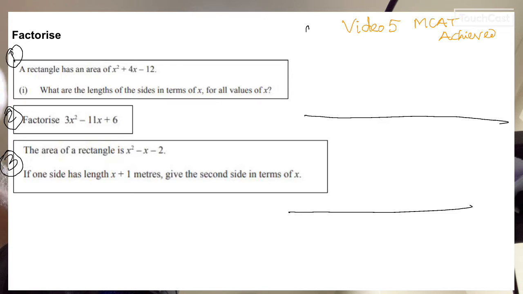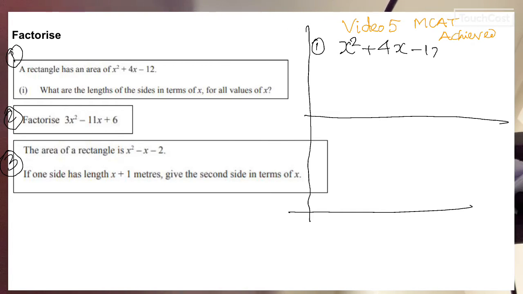Let's have some boxes. This is for question 1. A rectangle has an area x squared plus 4x minus 12. Pretty weird kind of area.